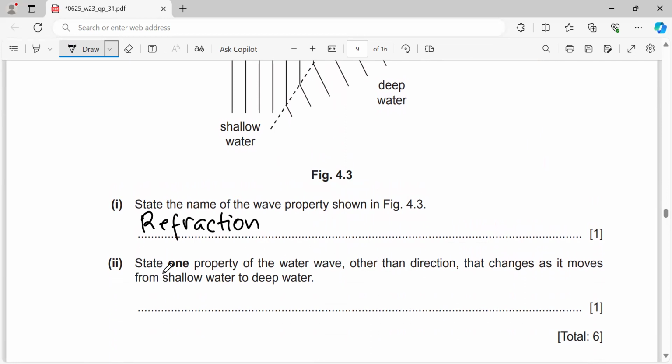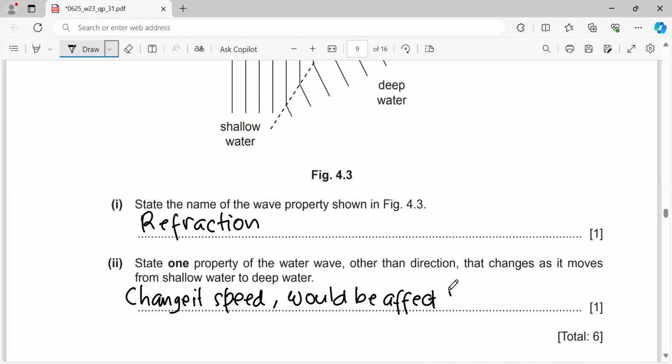That is the change in speed or velocity. So it would also affect the wavelength.